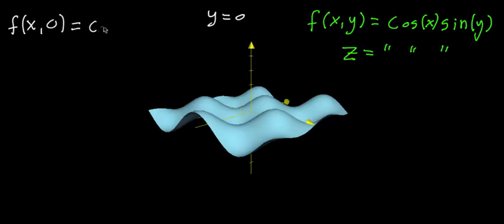And what this means is we have cosine of x, so maybe you expect to see something that looks kind of like a cosine graph, and then sine of 0. Except, what is sine of 0? Sine of 0 is just 0, which multiplied by cosine of x means everything cancels out and becomes 0. So what you'd expect is that this is going to look like a constant function that's constantly equal to 0. And let's see if that's what we get.